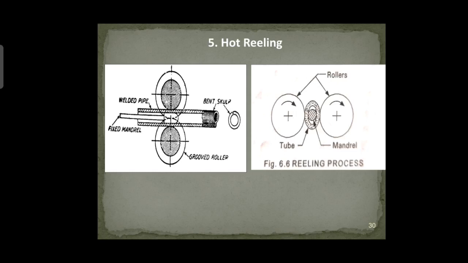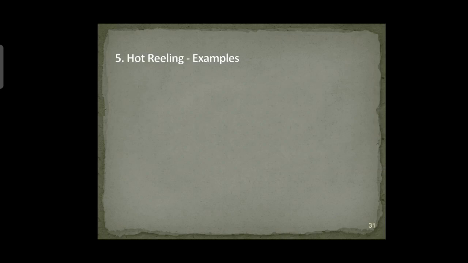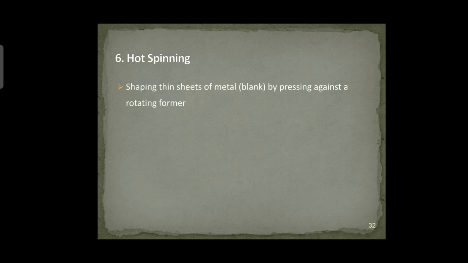So this is the purpose of hot reeling. Again, the same materials you can choose for smoothing the outer surface of a tube. It may be any material like steel, aluminum, alloy materials, brass, copper. So these materials can also be chosen for this process of smoothing the surface of a tube.